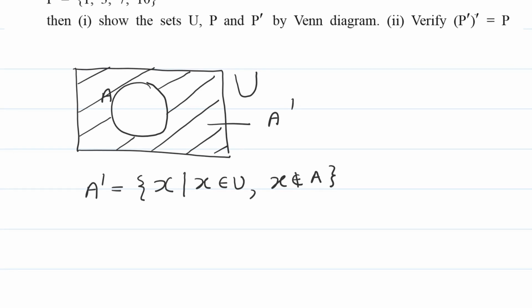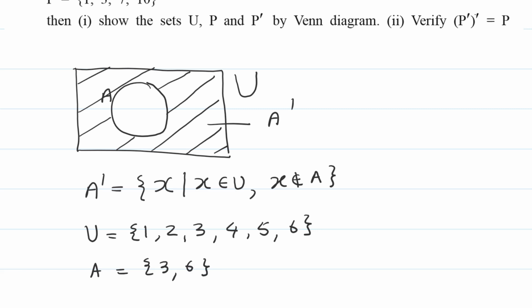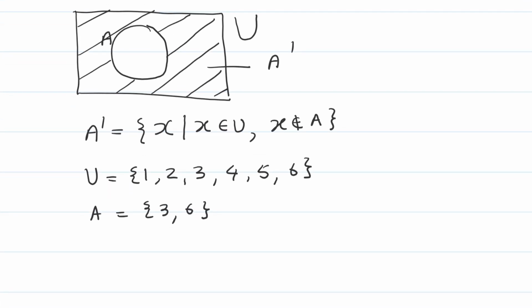For example, if U set is 1, 2, 3, 4, 5, 6 and A is 3, 6, then complement of A is set of all elements of universal set other than elements present in A, that is 3 and 6.